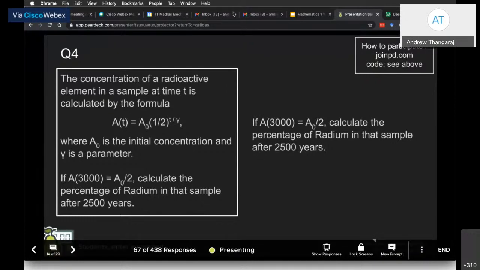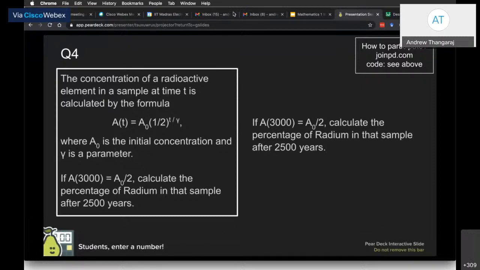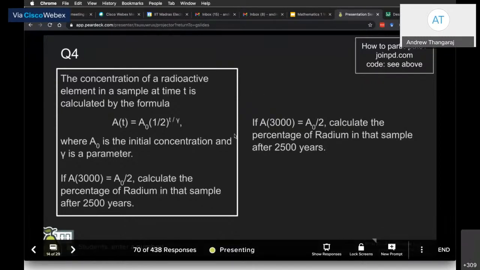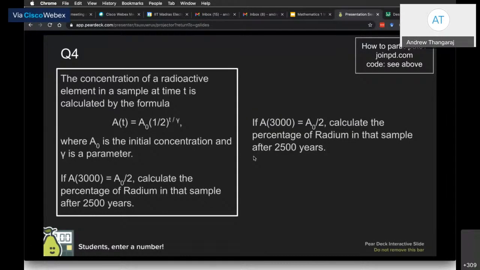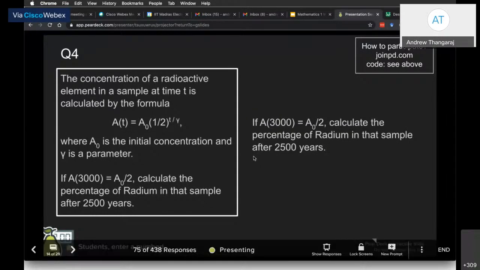Once again, the answers are not entered in WebEx. You're not going to annotate or write the answers in WebEx. You have to go to joinpd.com, put in the code QUMZRE, and answer the question there.